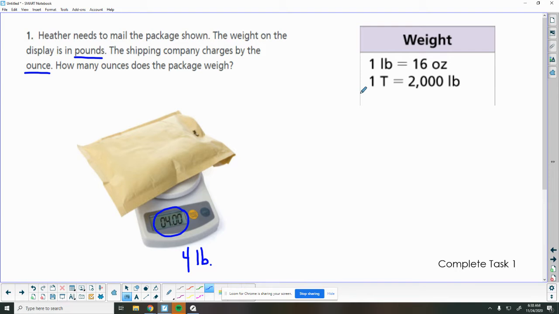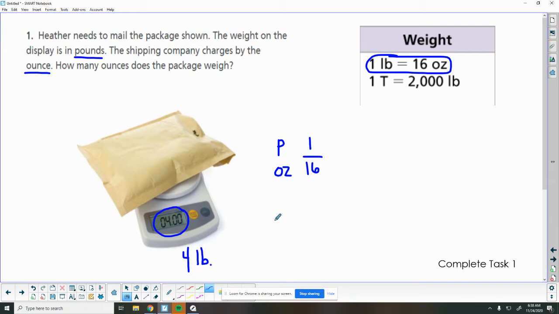I always like to start these problems with what do you know about pounds and ounces? So I'm going to make a row for pounds and a row for ounces. Looking here is where it talks about pounds and ounces. So we know 1 pound is 16 ounces.